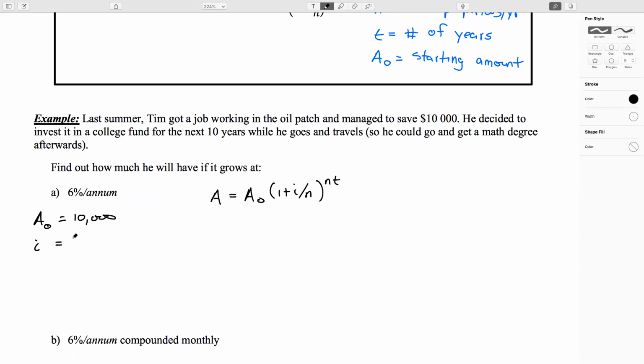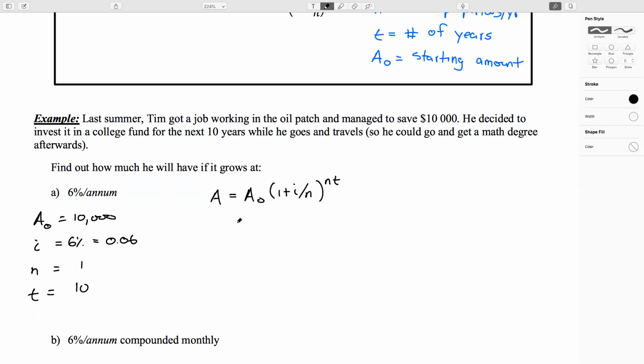So we've got to be really careful. 6%, if you divide by 100, is 0.06. You've got to use this number, not this number. n is the number of compounding periods per year, and annually, so n is just going to be 1 compounding period per year. And he's investing it for 10 years.